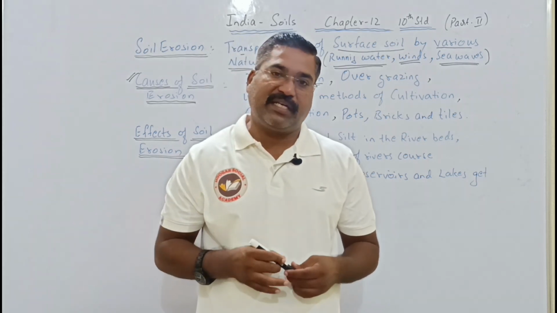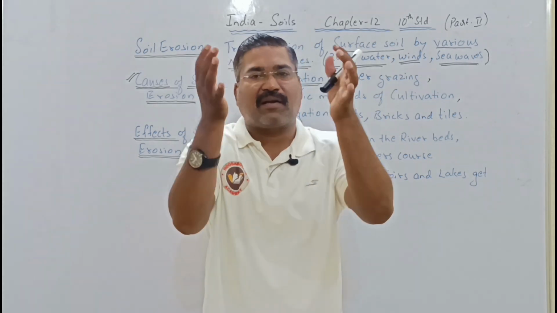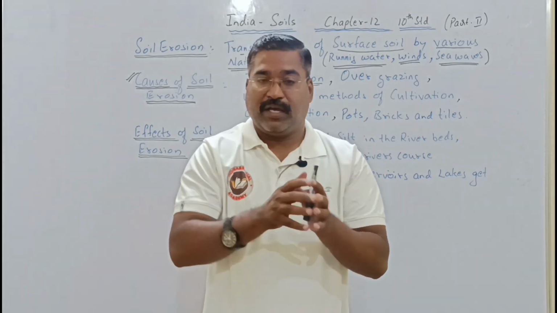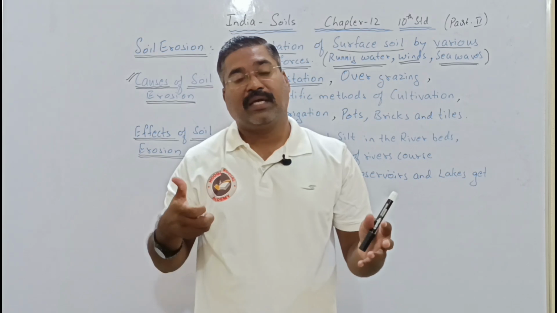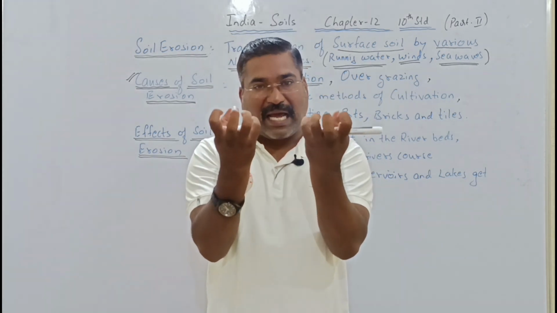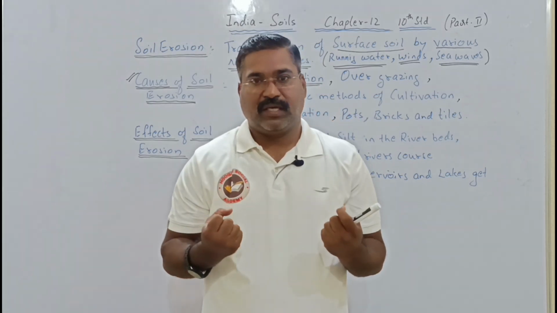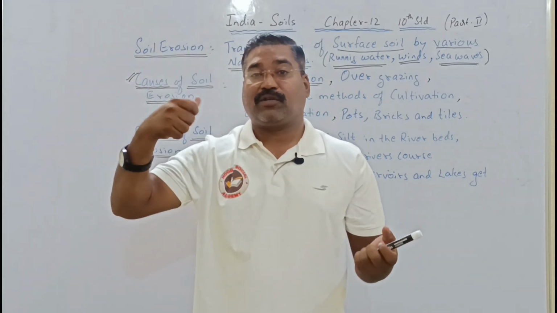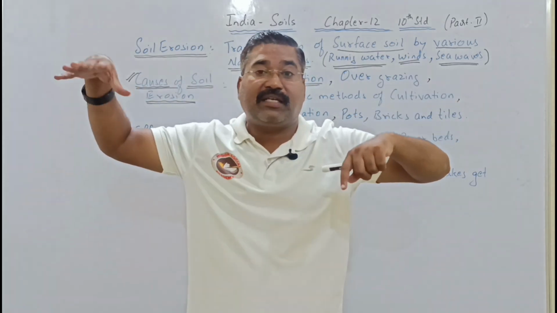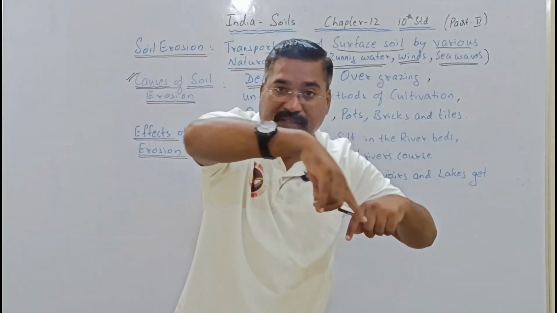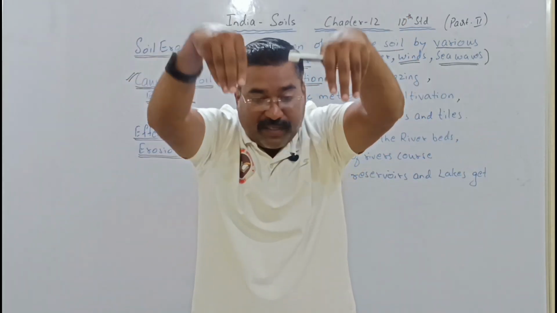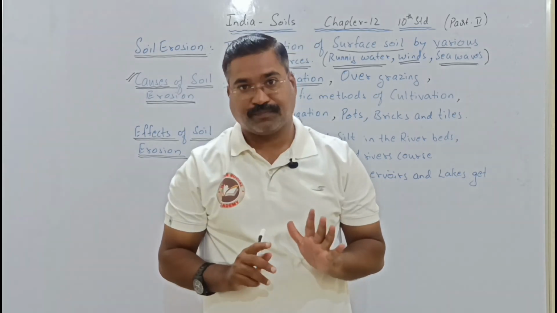When deforestation is done, it is very simple to understand: the trees are cut down, up to the roots. The roots are responsible for keeping the soil in tight contact. If roots are plucked, a big hole is left, and whenever there is a flow of water, because there is a large surface area, the soil from all sides will be deposited at one particular place.